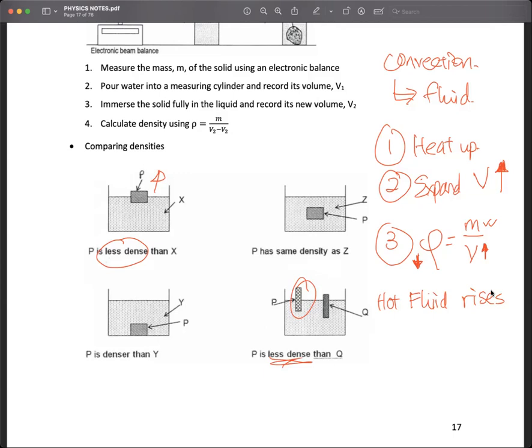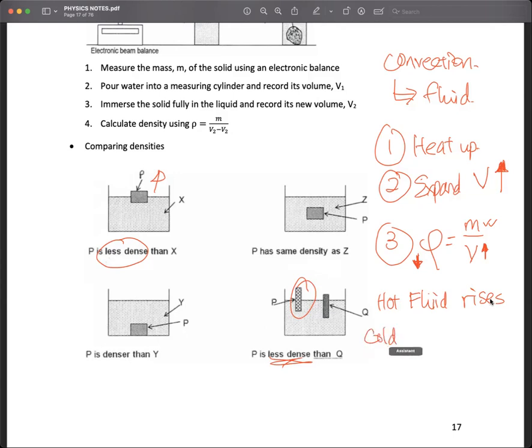Those who are learning the thermal physics on convection, where fluid can move, when the fluid gets heat, it will expand, the volume increases. When the volume increases, density drops. And when density drops, it becomes less dense, it will rise. Are you clear about this? Okay, so for Sishan, you have learned this in thermal physics. Am I right to say that? Yes or no? Okay, so the other way around is true.